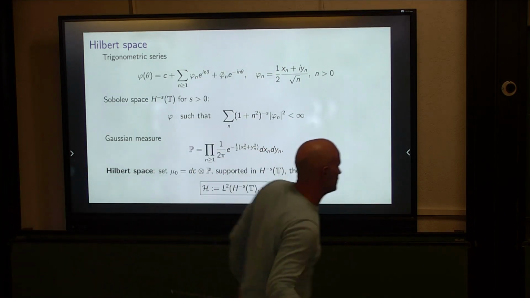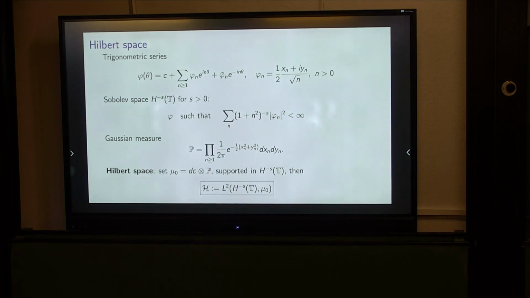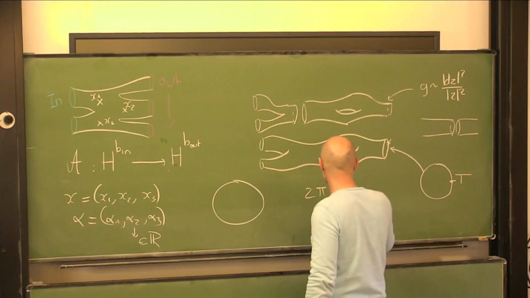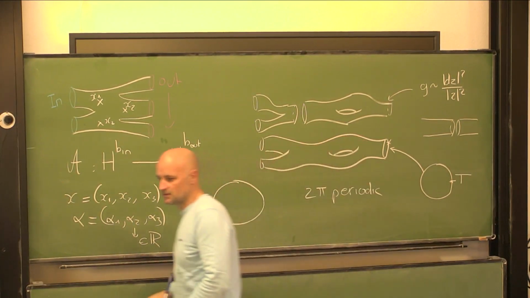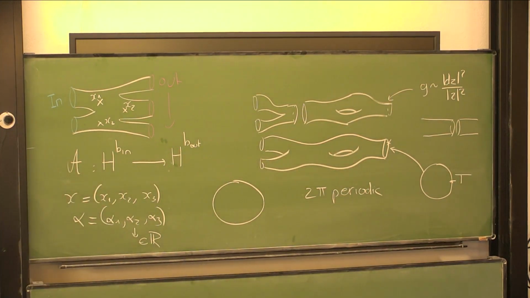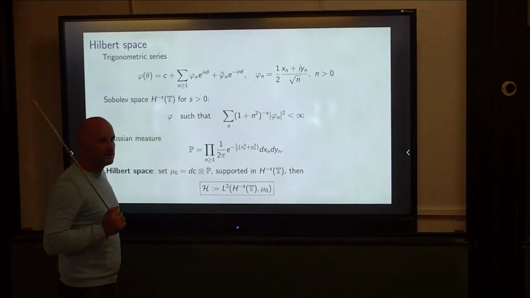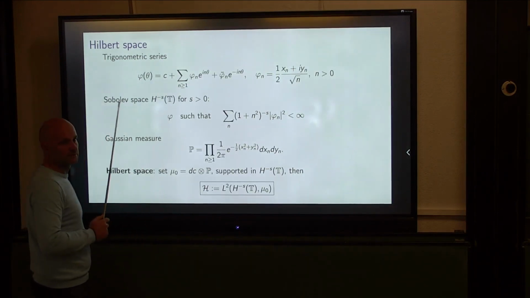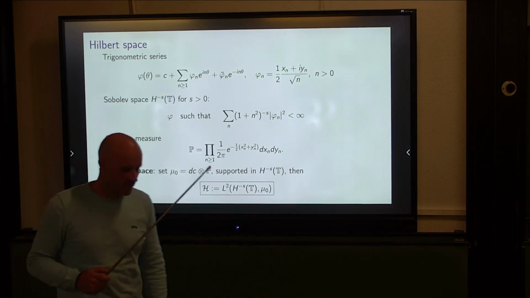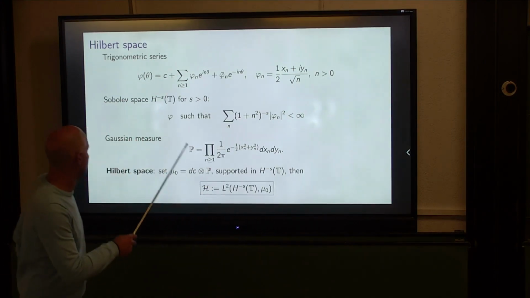It's just a unit circle here that I identify with a 2 pi periodic function on the real line. So there is only one circle here. Any trigonometric series, a 2 pi periodic function, I can expand this way.